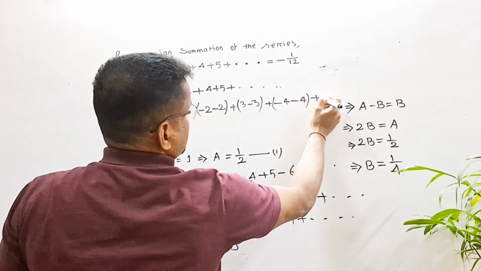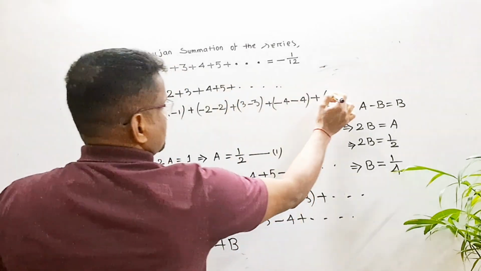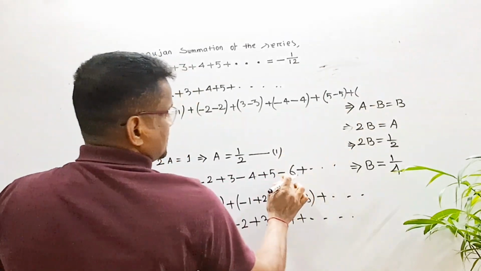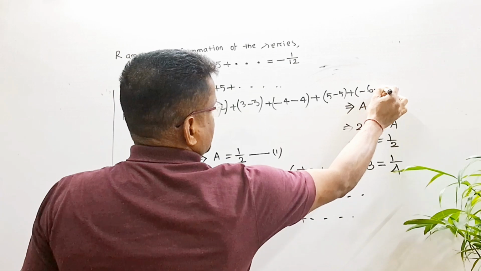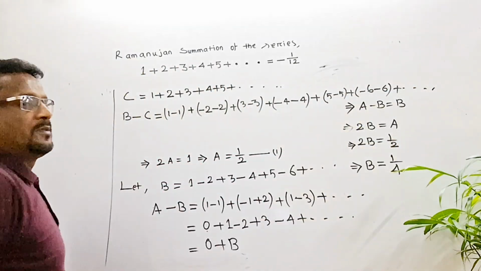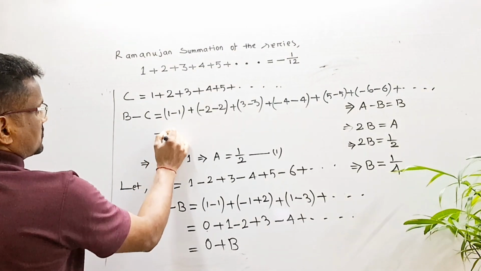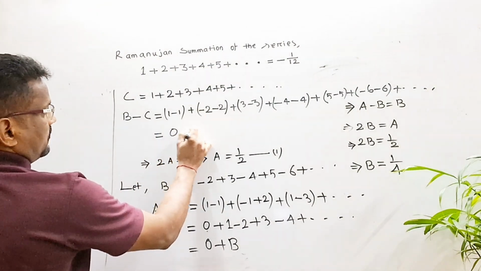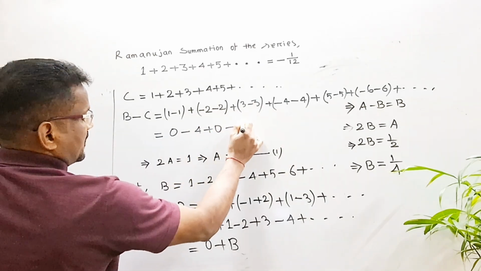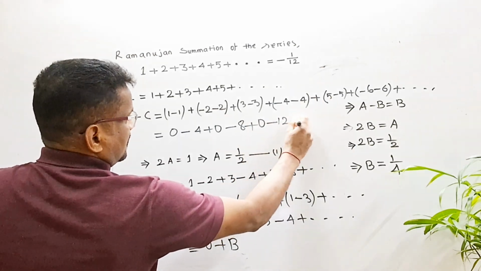Then plus, here it is 5, and here it is plus 5, so minus 5. And then plus, here it is negative 6, so negative 6 minus 6 plus and so on, it continues this way. Then what is 1 minus 1? 0. Here you will get minus 4, here plus 0, here you will get minus 8, here it is 0, next is minus 12 and so on.